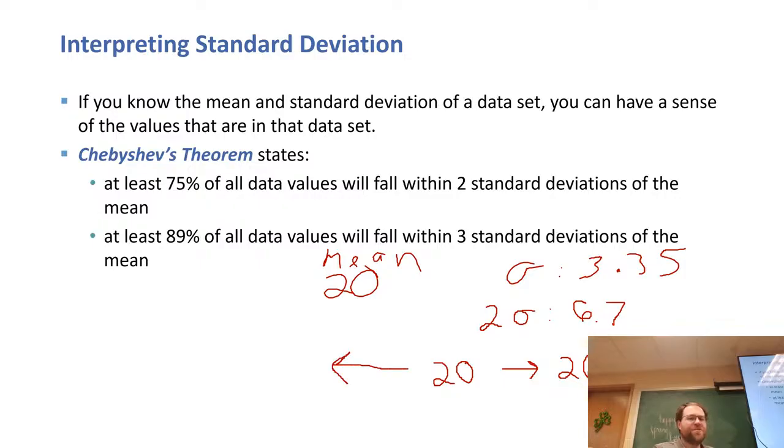If you subtract 6.7 from the 20, 13.3. So basically what he's saying is that at least 75% of the data values that we had in that example are going to fall between 13.3 and 26.7.